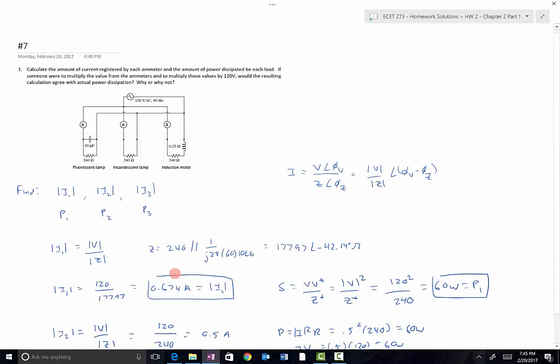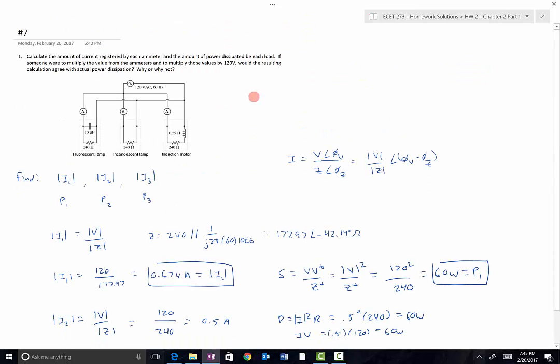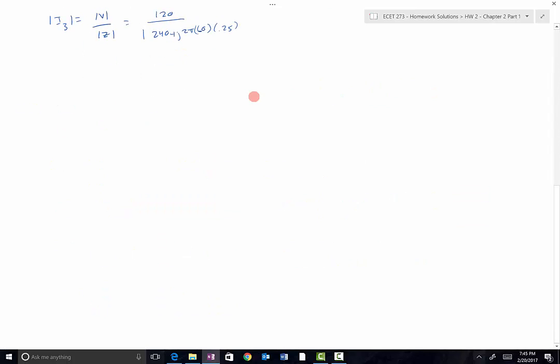Yeah, 0.25 henries. So the magnitude of Z there is going to be equal to 257.84 at an angle of 21.44 degrees. That's ohms, so the magnitude of Z is just equal to 257.84.